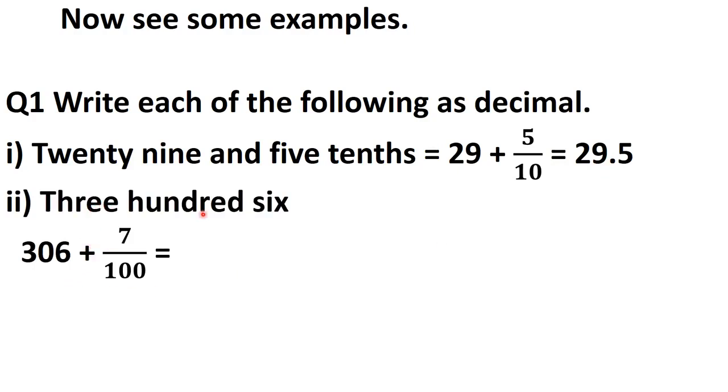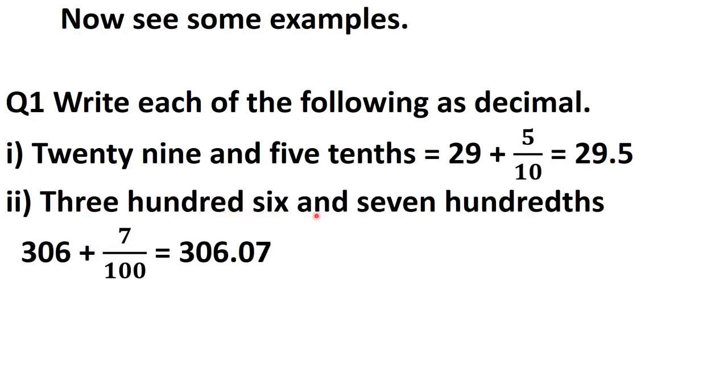Second is 306 and 7 hundredths. 306 is the whole number, plus 7 hundredths, which means 7 upon 100. Now here are 2 zeros in the denominator, so the decimal will come before 2 places. So one place is 7 and in the other place we will write 0.